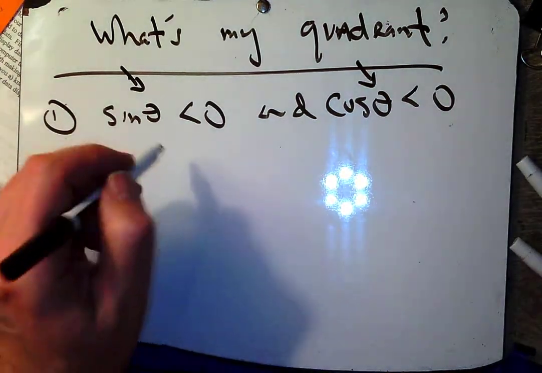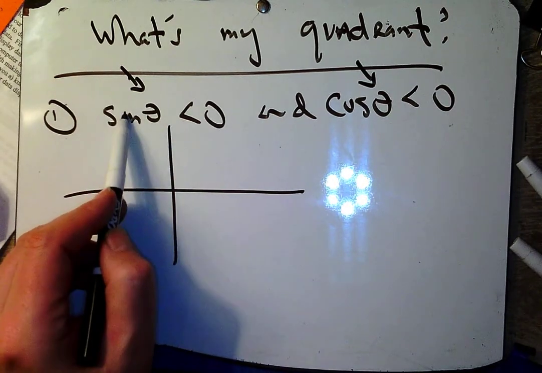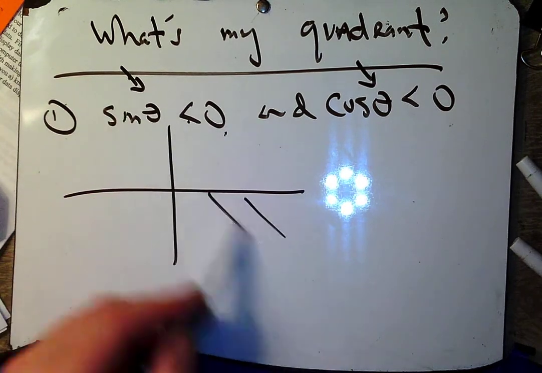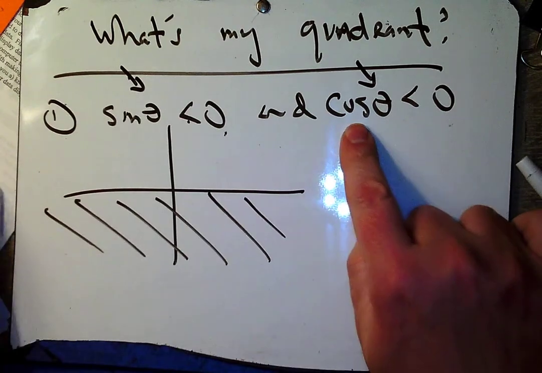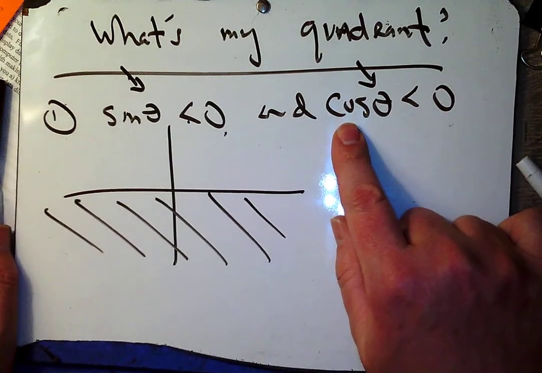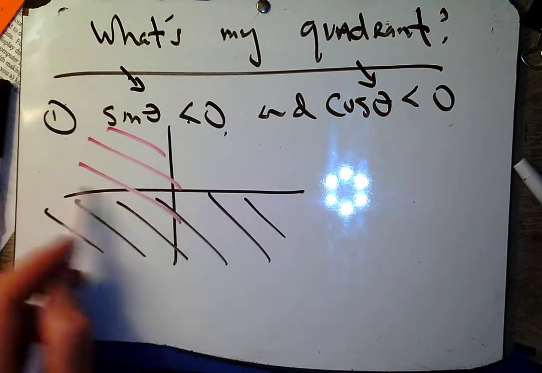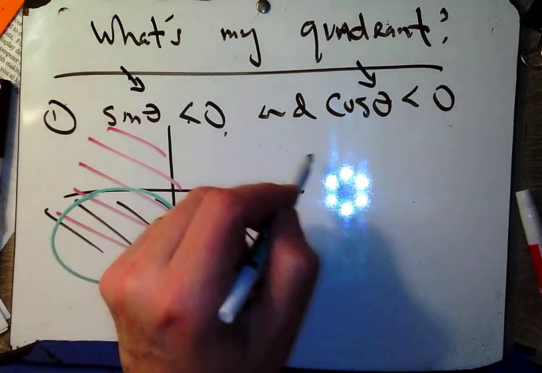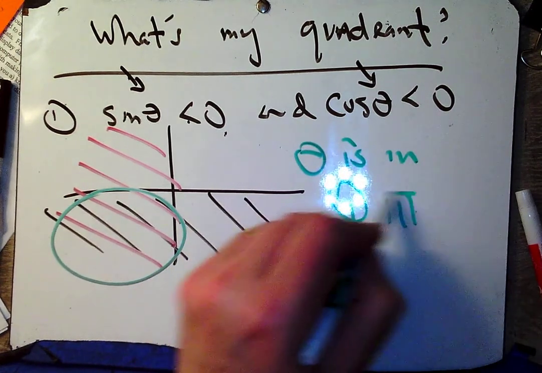Well, we've done these before. I'll warm you up with this one. Sine, the y value, is negative. Well, the y values are negative down here. Great. Cosine, that's the x value. Cosine is negative over here. Where do these two overlap? Here in quadrant 3. Theta is in quadrant 3.